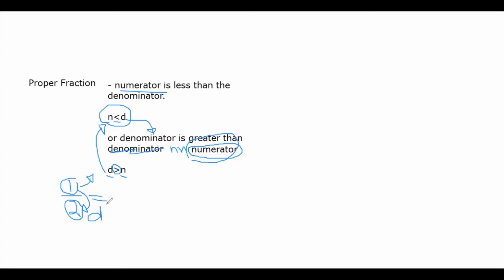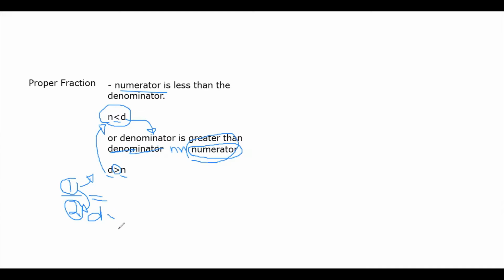Our fellow learners, if you don't know what a fraction is, kindly watch my first video entitled Fractions, in order for you to know what a fraction really is. And a fraction consists of the numerator and denominator. If there's no numerator, if there's no denominator, that number is not a fraction. And take note, the denominator should not be equal to 0.